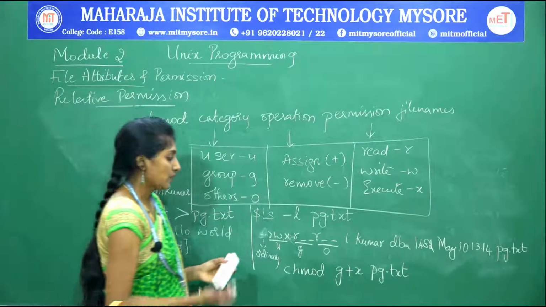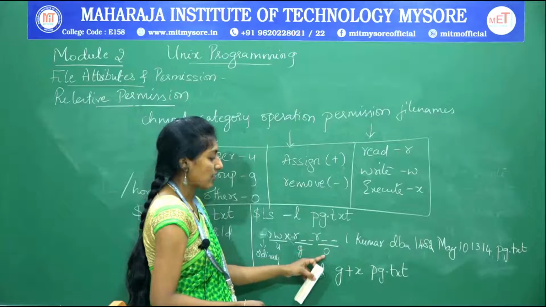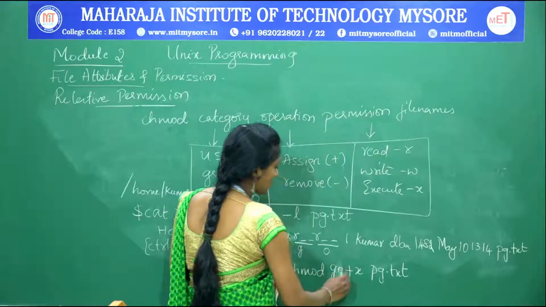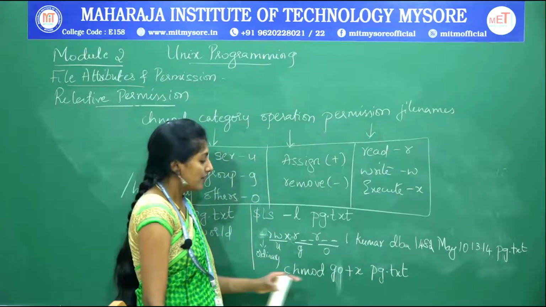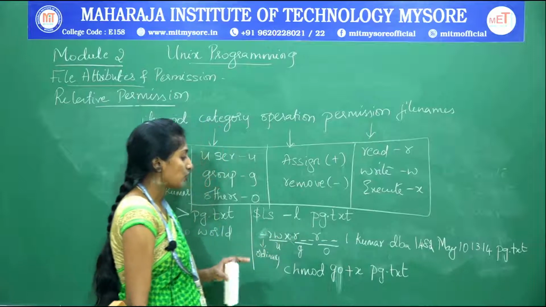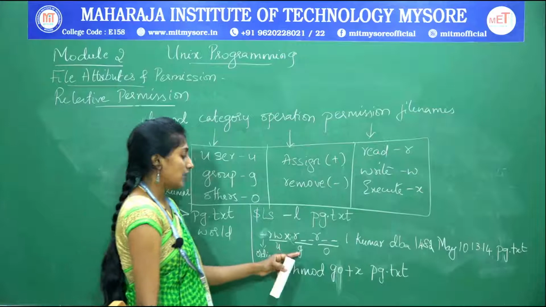Even if you want to assign it for others also, you can give them together, g followed by o, plus x, like this. Even this is permitted.